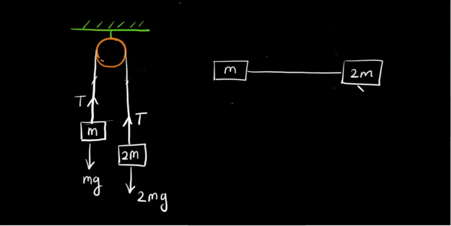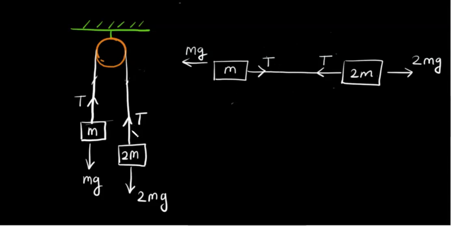Now if we take 2mg force towards the right acting on the 2m block, and then there will be this mg force which is in the left direction. So what is the net direction of the force? Obviously there are tension forces like this on masses m and 2m.